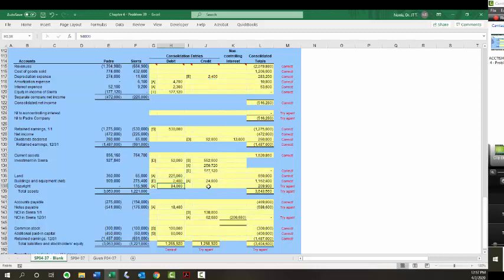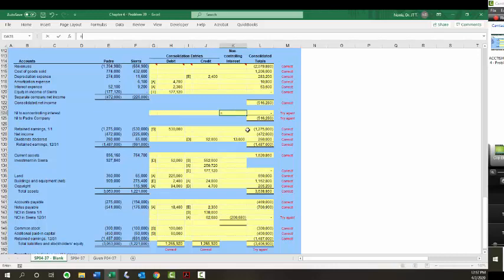The copyright gets the 4,700, and the note payable gets the 2,300. And then the last thing is the interest income.